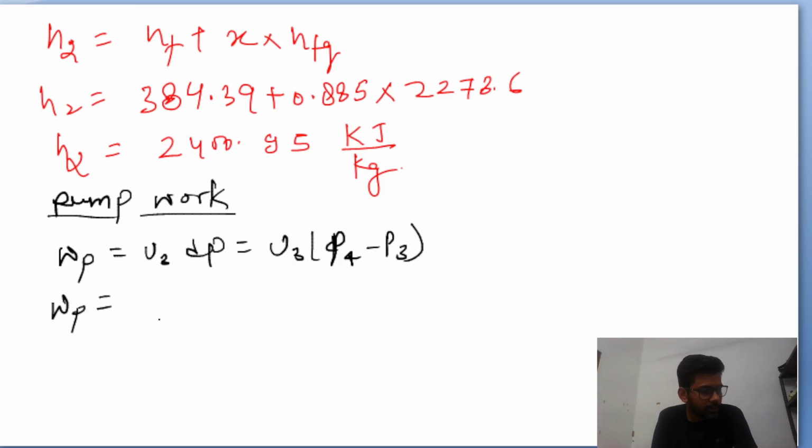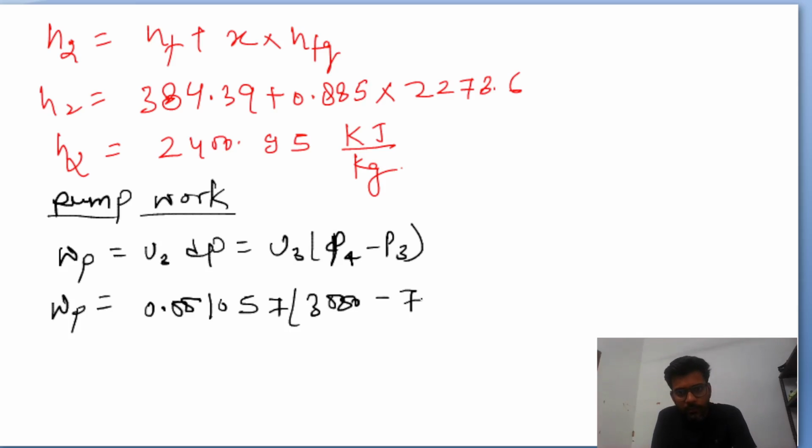This is V3, the specific volume at state 3, which is 0.001037. Pressure is 3 MPa, that is 3000 kPa, minus 75. So we get pump work, which is 3.033 kilojoule per kg.